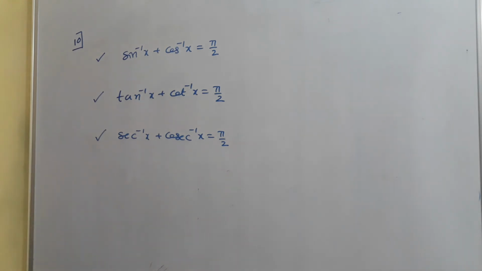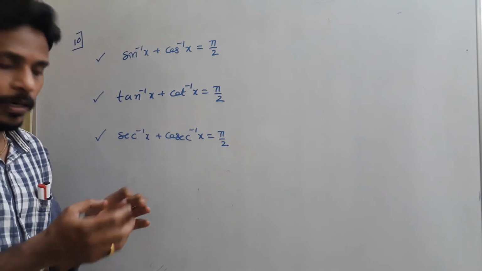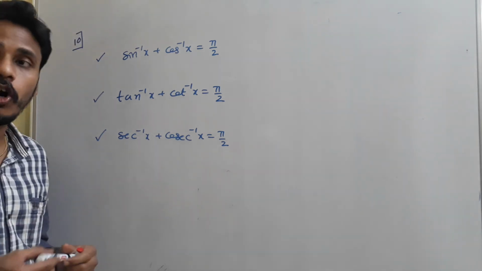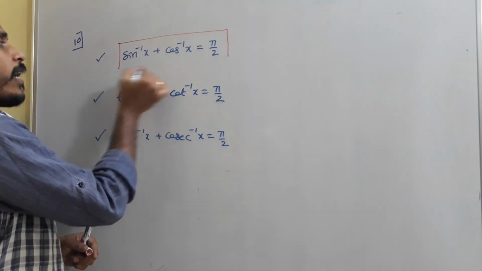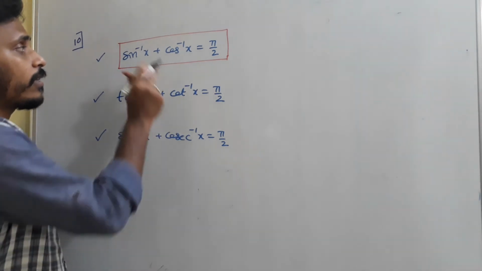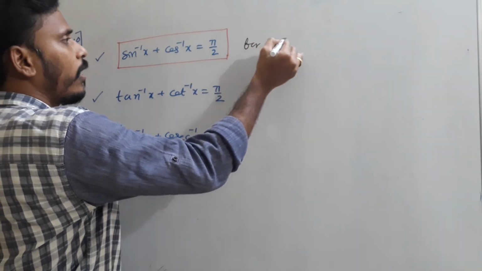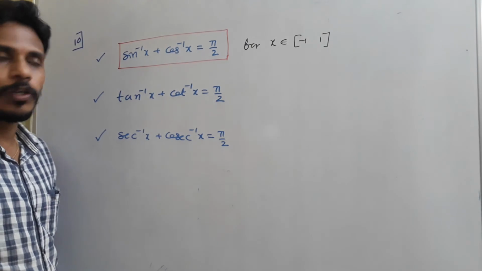So just have a look. These are some more very useful and important rules related to inverse trigonometry. Sin inverse of x plus cos inverse of x is equal to pi by 2. Always, sin inverse of a number plus cos inverse of that number is pi by 2, and that x must be in the range of minus 1 to 1.